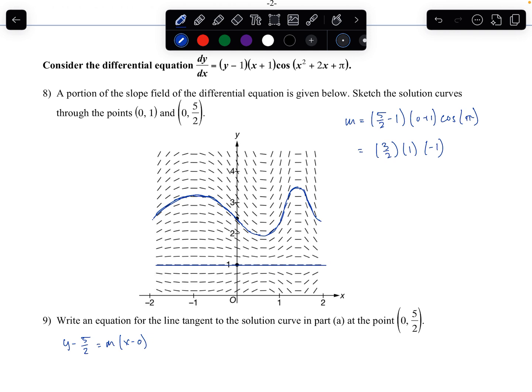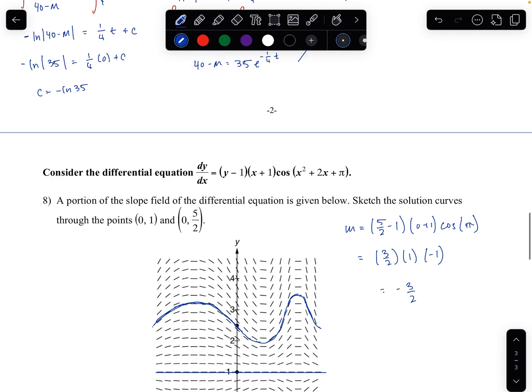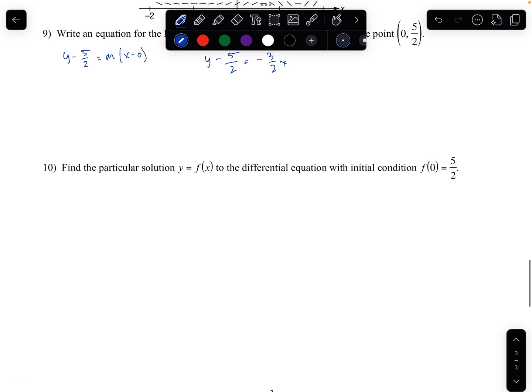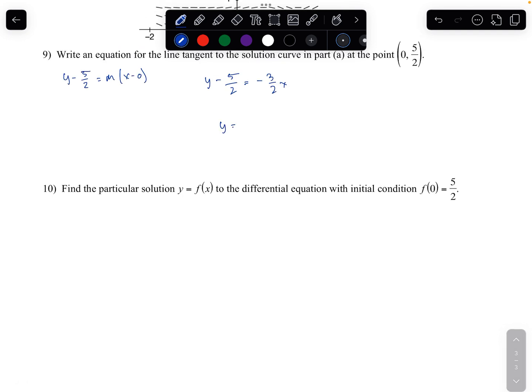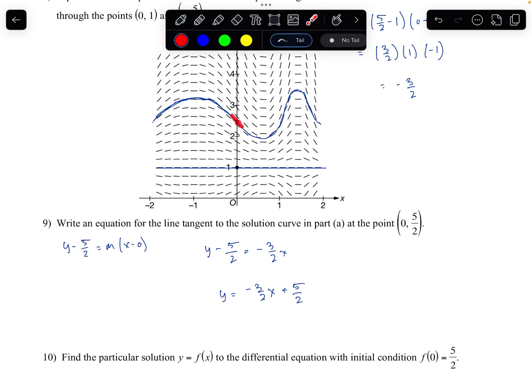Yeah. So this is equal to negative 3/2 as the slope. So we have y minus 5/2 equal to negative 3/2 x. Or you're okay to write it as y equals negative 3/2 x plus 5/2. That checks out. That looks like this could be a slope of 1.5, and we obviously have a y-intercept of 5/2.